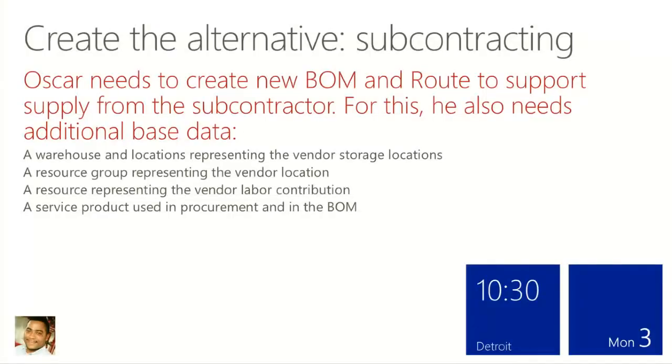And finally, you need a service product used in procurement. That is a service type item, and we're using an inventory service type item, because that is also used for the planning.